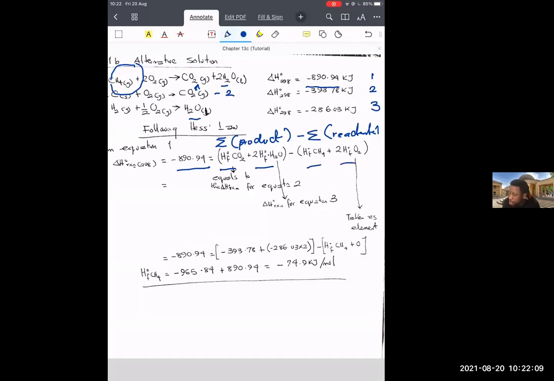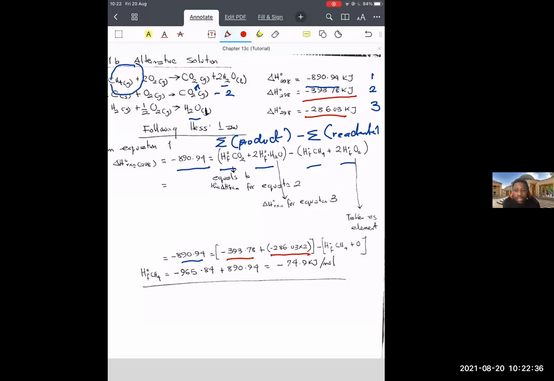So if we take that down, the heat of formation of CO2, we got from equation 2, 398.78. The heat of formation of H2O, we got from equation 3.